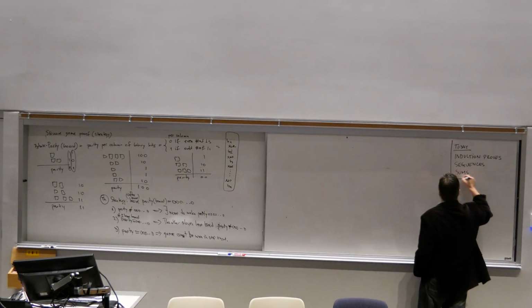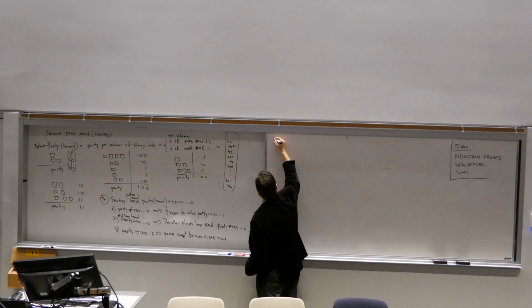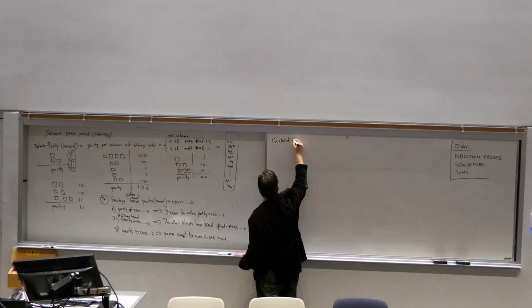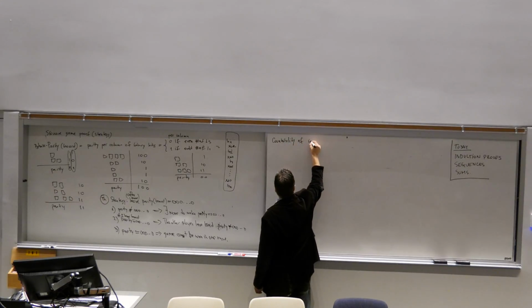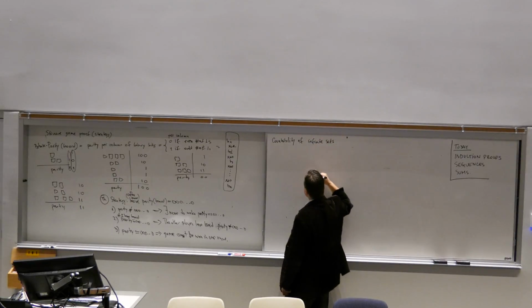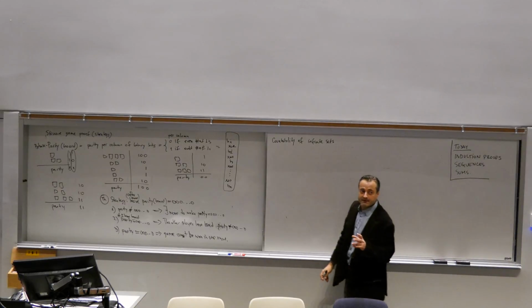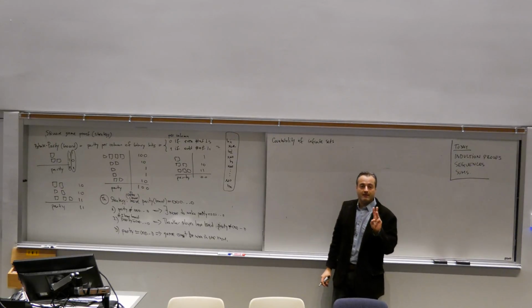The other thing that I want to do is the countability of infinite sets. We can't really do this in a general mathematical way, but I want to show you two examples of countability.